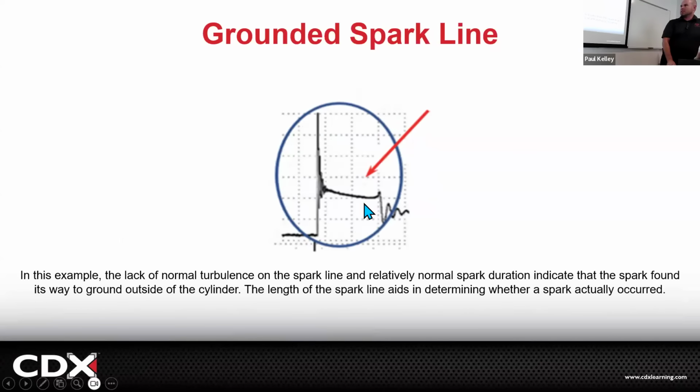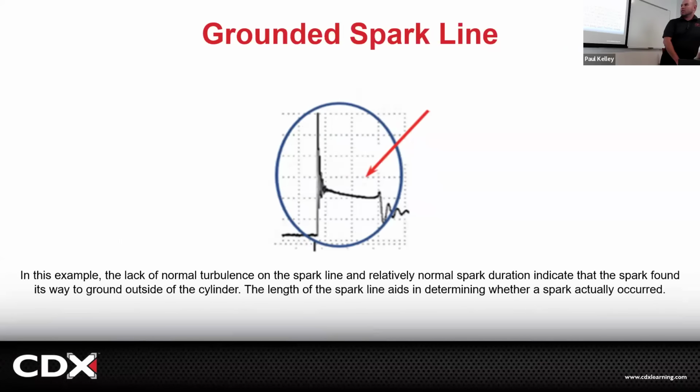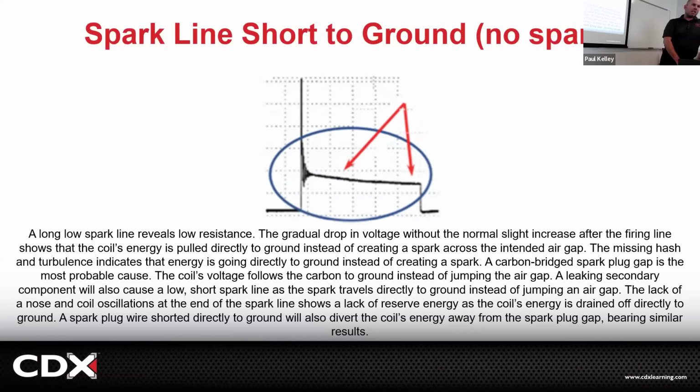That one's at least showing us a little something, not turbulent in the cylinder. This is more like in the cylinder. These are in the cylinder. That one seems like it's out of the cylinder. That one seems like it didn't even spark. It just discharged. That'd be like a dead short to ground, like you have the spark plug wire literally touching the exhaust manifold. It's grounded. It didn't even make an arc at all.